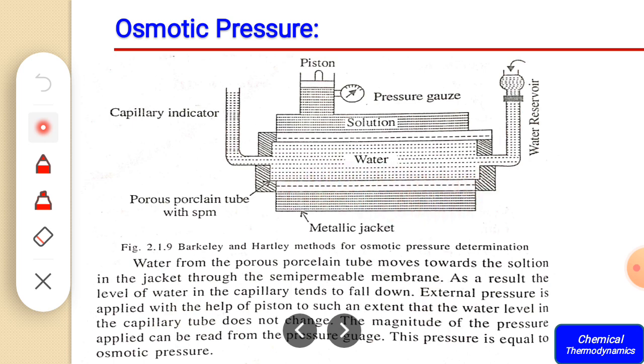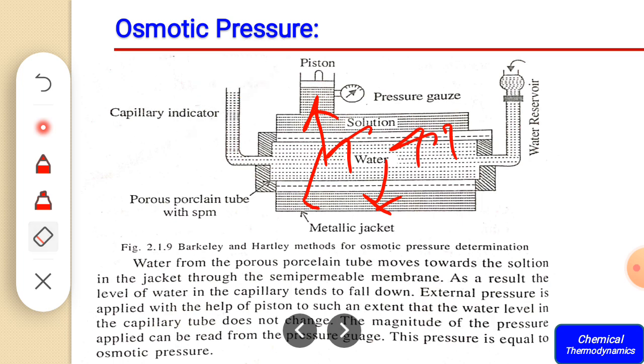What happens? Due to natural osmosis, the water molecules will move from solvent to solution, which means they will flow towards the outer jacket, and that's why the level in the side tube, the capillary, will try to increase.